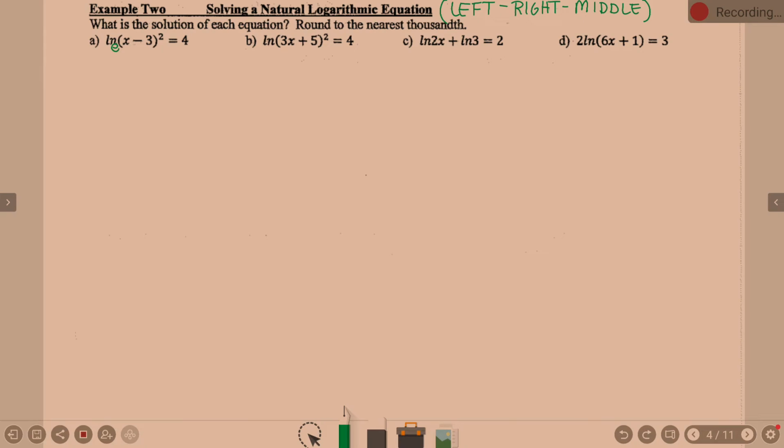It's not a letter, it's a number. It's like pi, exactly. So left, right, middle says, what's left? E to the right number, 4, equals the middle. What's in the middle? x minus 3, x minus 3 squared.